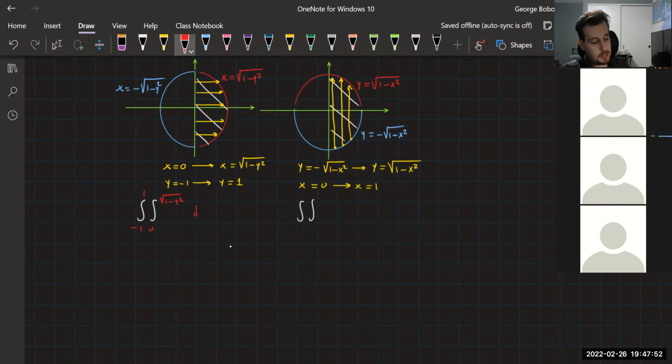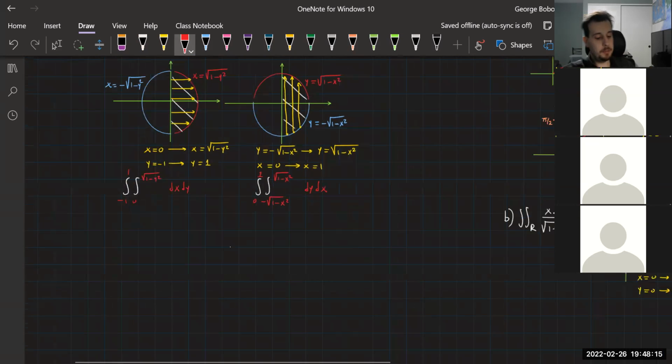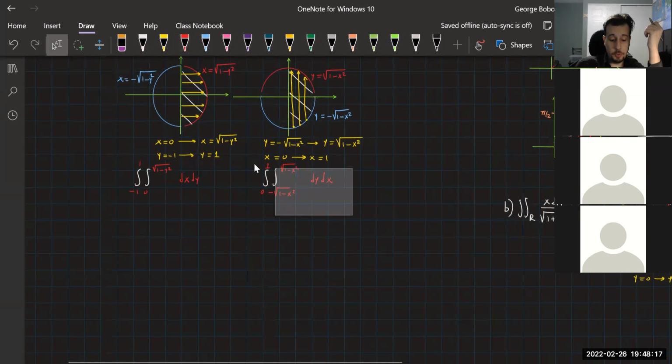The order is the x one first and then the y one. Then the other one, doing the y variable first, we're going from negative root 1 minus x squared to positive root 1 minus x squared. That's the first one, and it's the y one. And then we go from 0 to 1, as Grace said, for the x. And there you have it, nicely laid out.